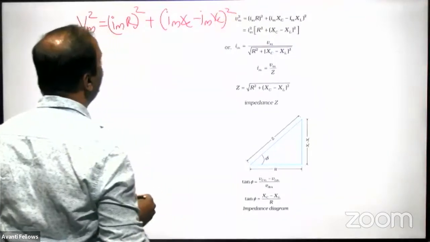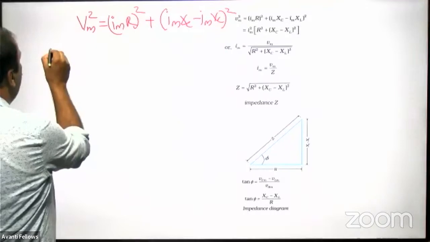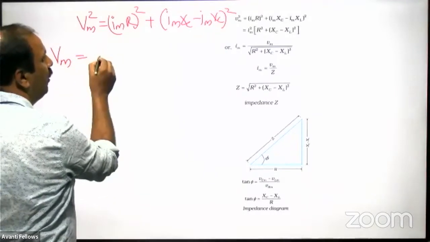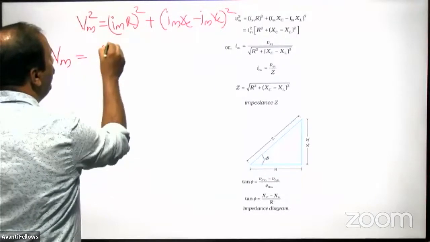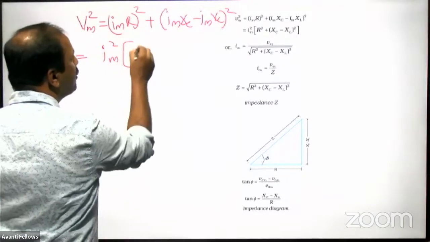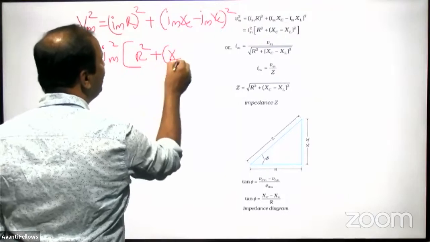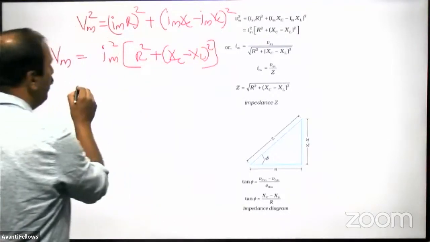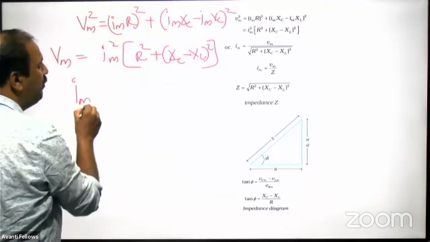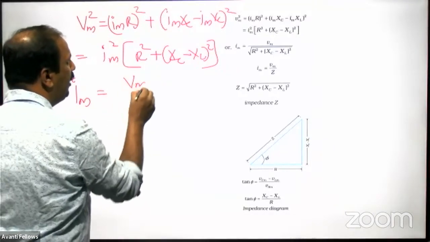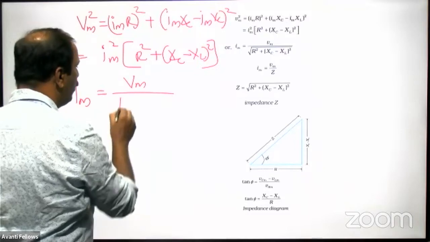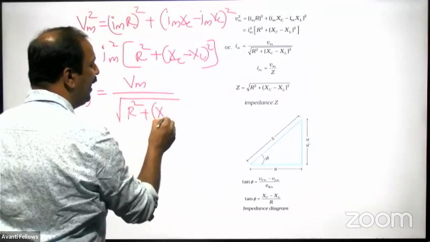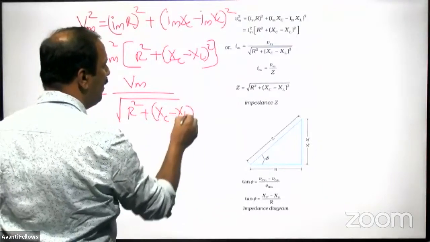Like this you have to write. Okay, so this IM is common. So you can write VM square is equal to IM square into R square plus XC minus XL square. Or we will get IM is equal to VM divided by root of R square plus XC minus XL square.